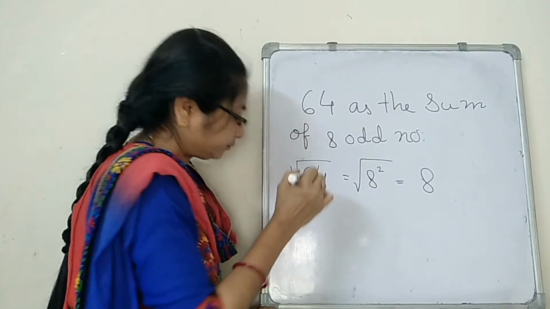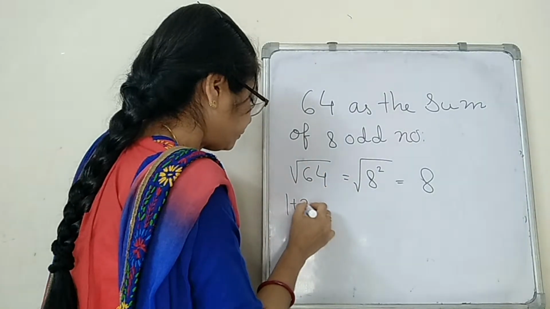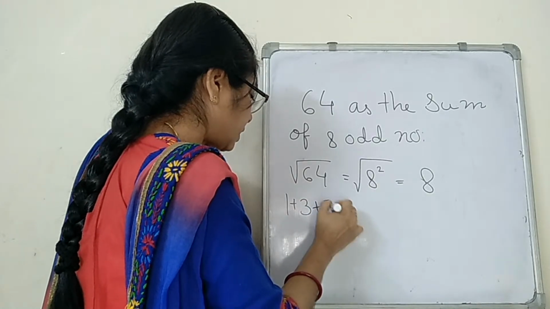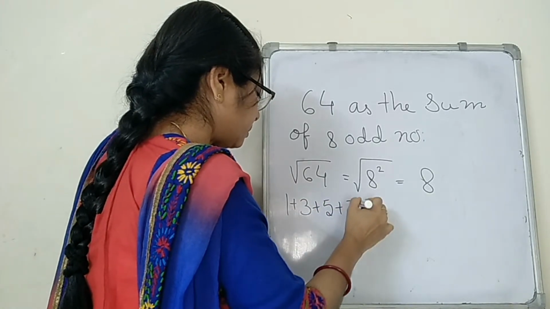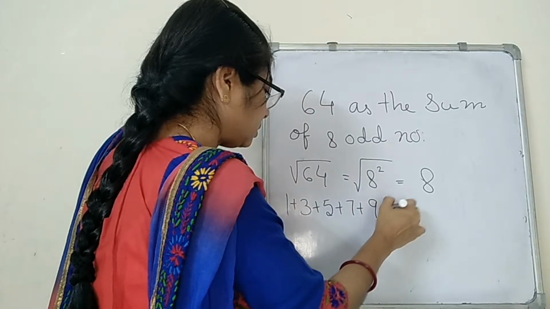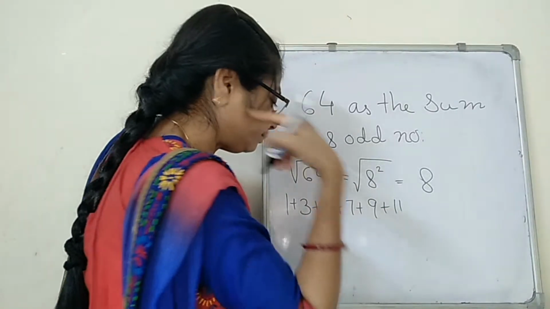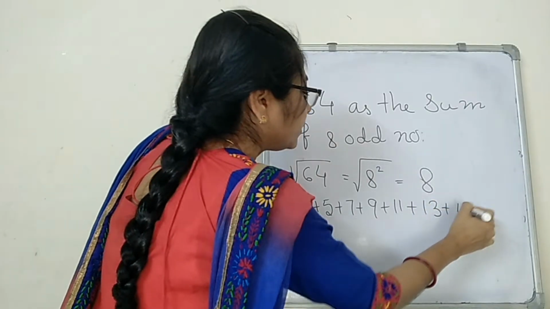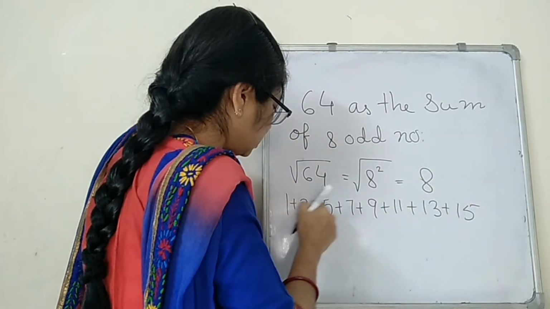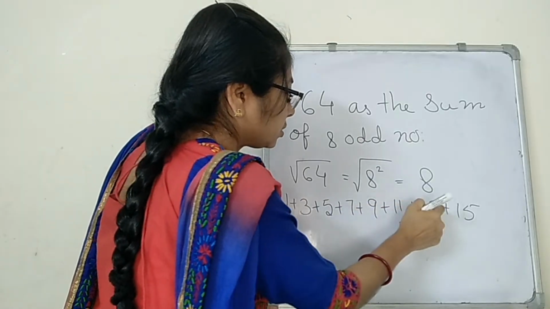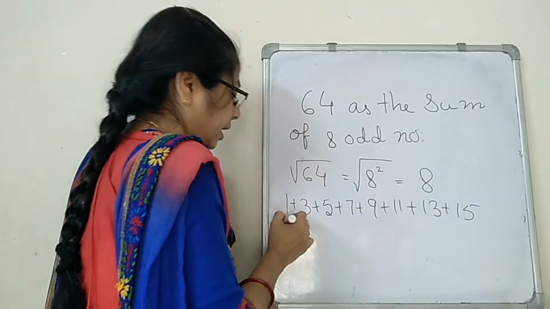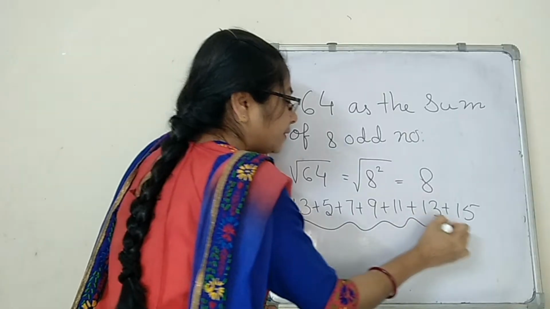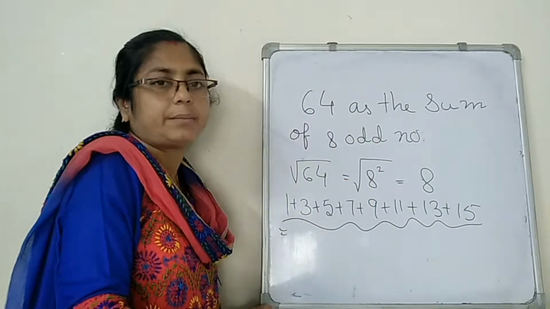1, then 3, 5, 7, 9, 11, 13, 15. Look, the first 8 odd numbers come.